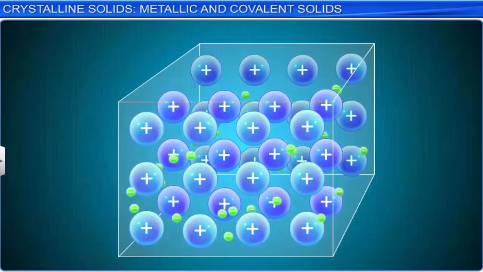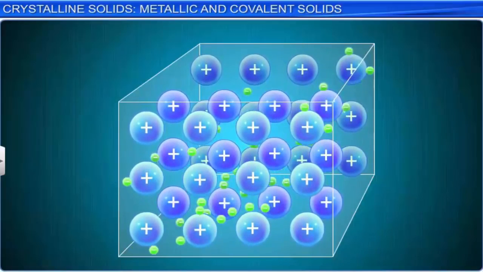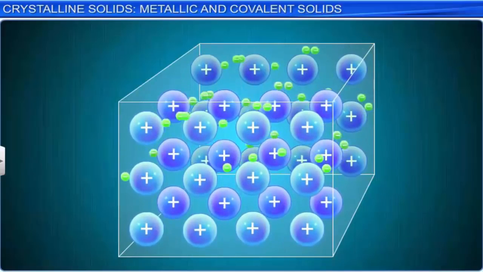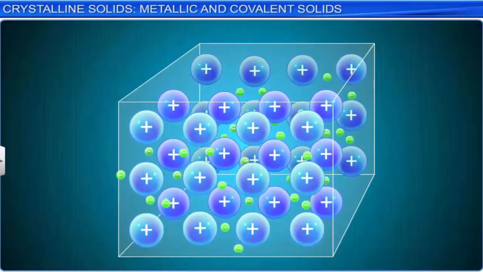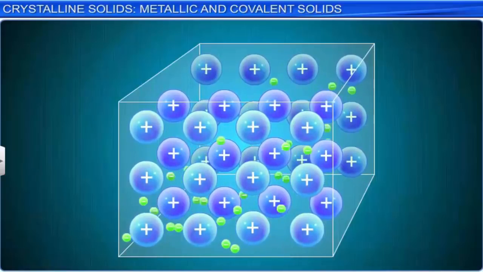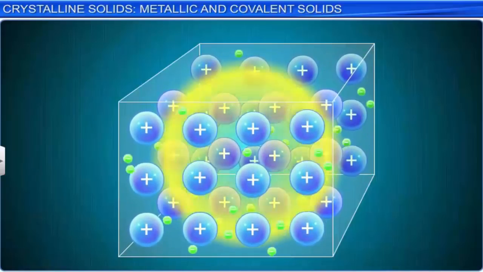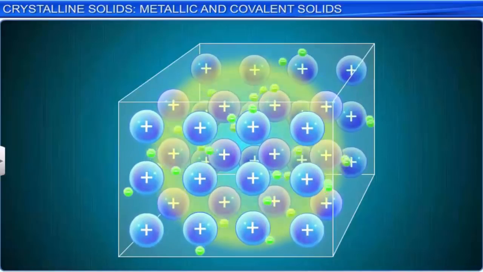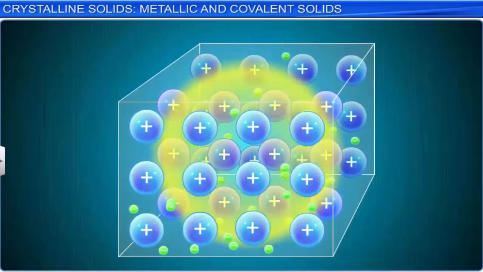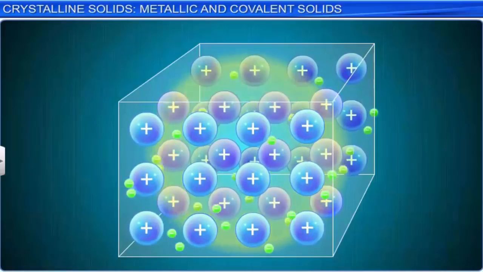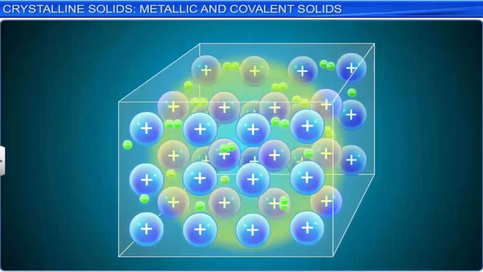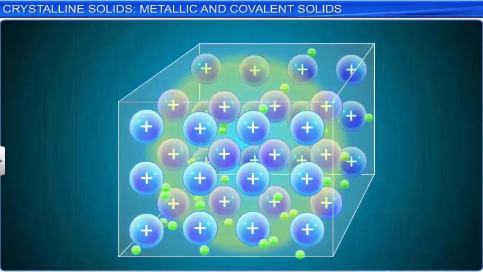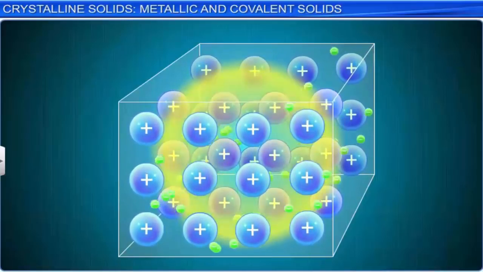Hence, the constituent particles in a metallic solid are positive ions in a sea of delocalized electrons. The electrostatic forces of attraction between the positive ions and the electron cloud constitute the metallic bonding, which holds the positive ions together. These electrons are not localized on any atom, but rather delocalized uniformly over the entire crystal.